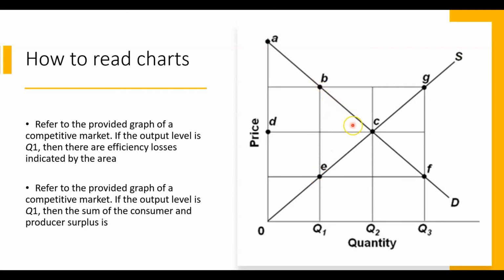This area represents an efficiency loss. Okay, so if the output level is Q1, then there are efficiency losses indicated by the area of triangle B, C, and E.